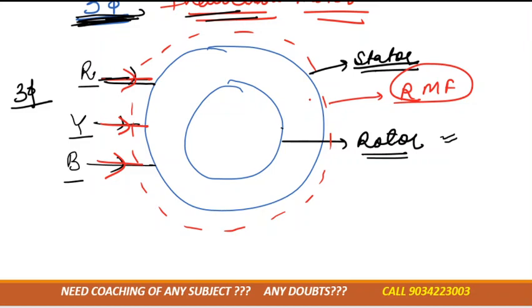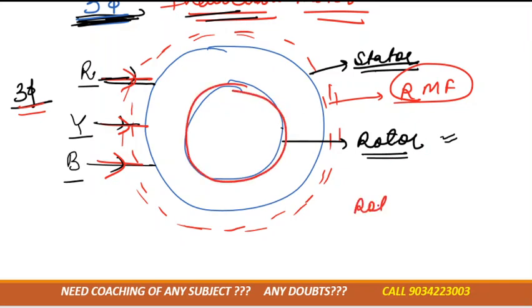As you know, we can't see the magnetic field, so we can't see anything that is moving. We can just imagine that if we give the three-phase supply, then in that case the magnetic field keeps on rotating around the stator. Clear this thing? But the rotor is still stationary, for now. The rotor is still stationary, right?